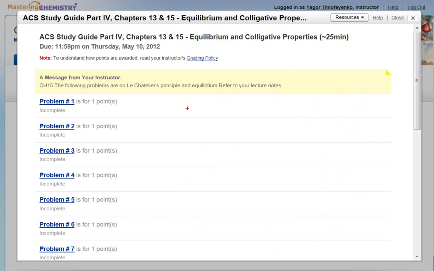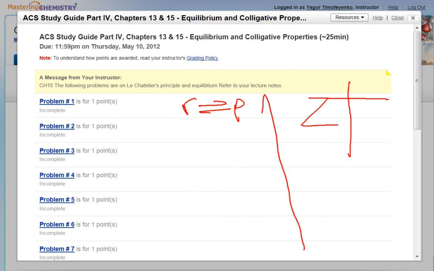Now let's look at reactants and products. The reaction is in balance. What if we add reactant concentration?